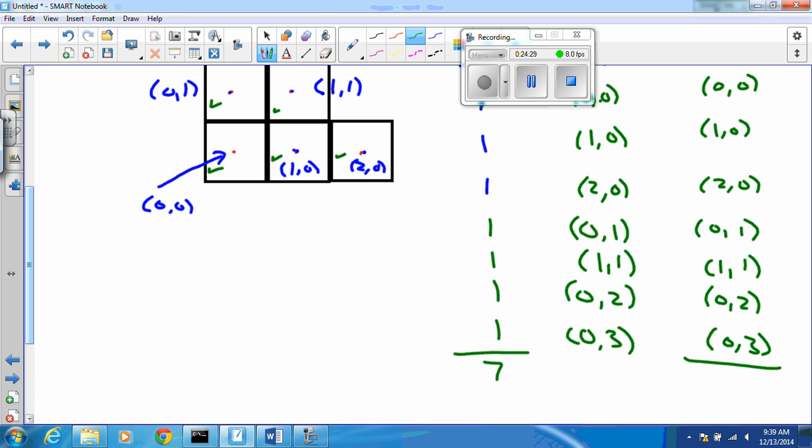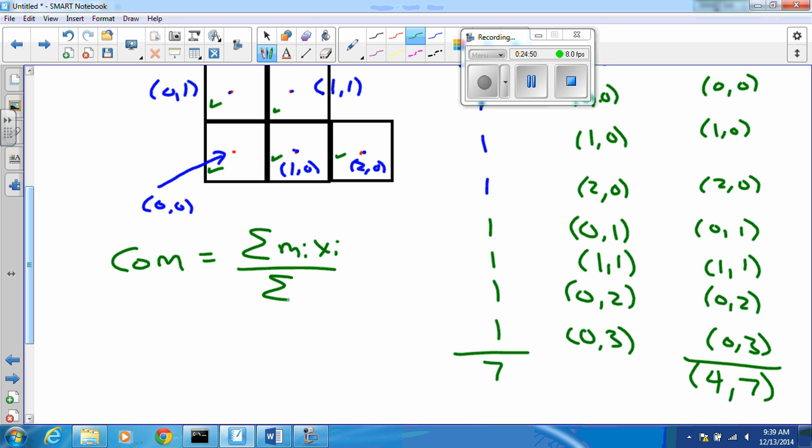The total of our masses is 1, 2, 3, 4, 5, 6, 7. 7 total tiles. And for the sum of our mass times positions, we're going to add up the x's and y's separately. So the x's are 0 plus 1 plus 2 is 3, plus 1 is 4. And the y's are 0, 0, 0, 1, 2, 3, which sum to 7. So 4, 7 is the sum of mass times position.